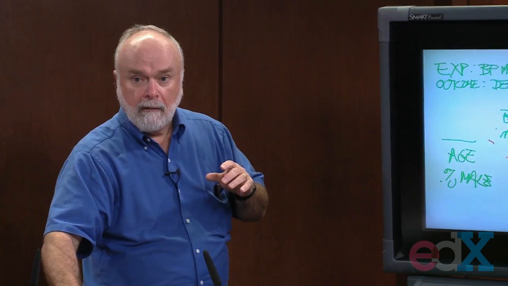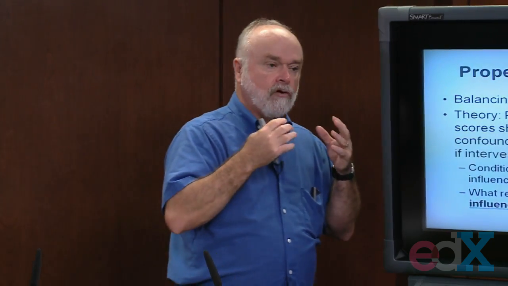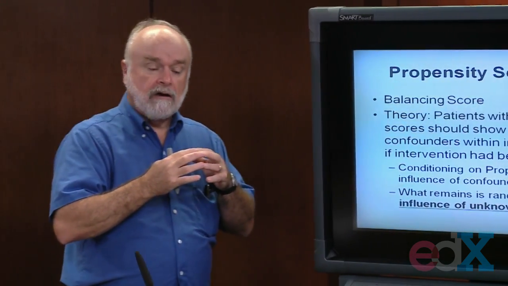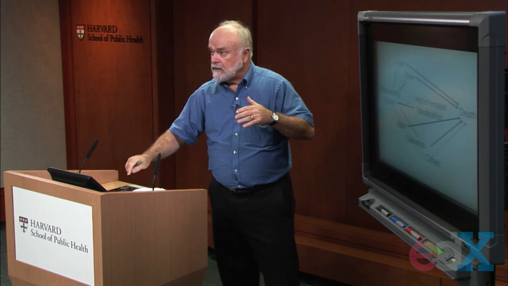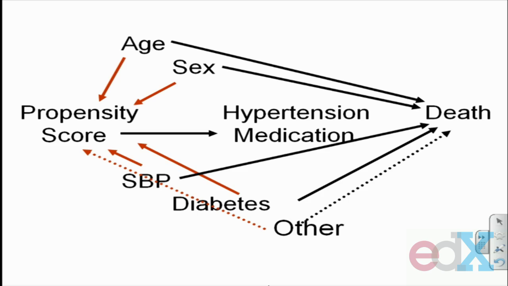In terms of a causal diagram, what it's trying to do is if I fix or condition on the propensity score, I should be removing the independent relationships between the confounders and the exposure. Meaning, if I go back to this picture, if I fix the value of the propensity score, there's no longer any relationship between these individual confounders and the exposure.